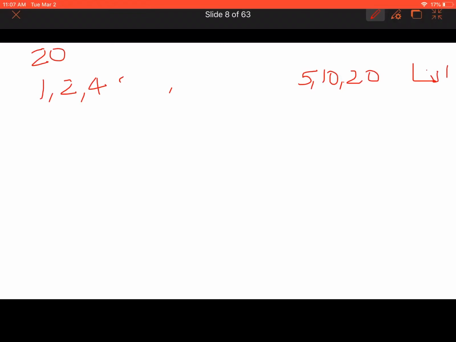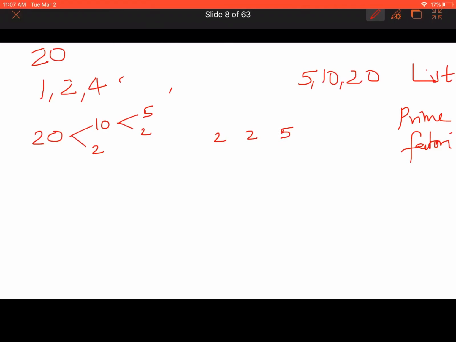The other one is the prime factorization method. What we are going to do is take 20 and draw the factor tree. 2 times 10, and 10 has 2 factors, 2 and 5. So totally there are 3 prime factors, right? 2, 2 and 5.